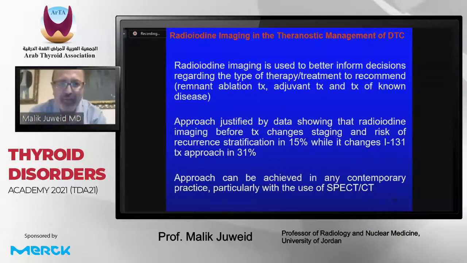So that's basically the principle of theranostics. And here we can use radioiodine imaging to better inform the decision regarding the type of therapy to give.